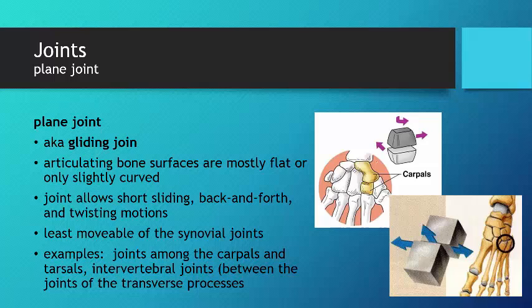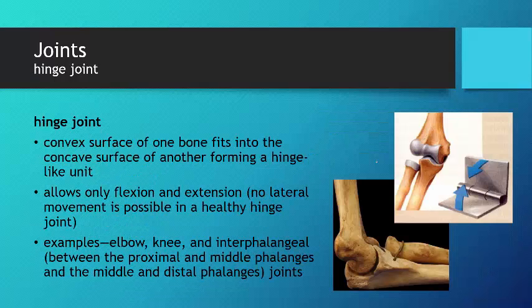Now let's talk about hinge joints. Hinge joints allow only flexion and extension because the shape of the joint prevents other motions. So with a hinge joint, just like hinges on a door, you have a convex surface fitting into a concave surface that creates this hinging motion.